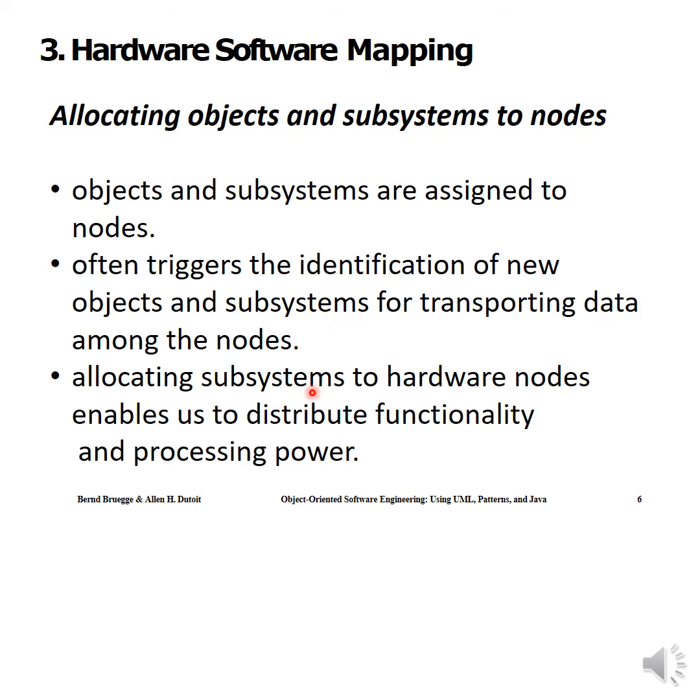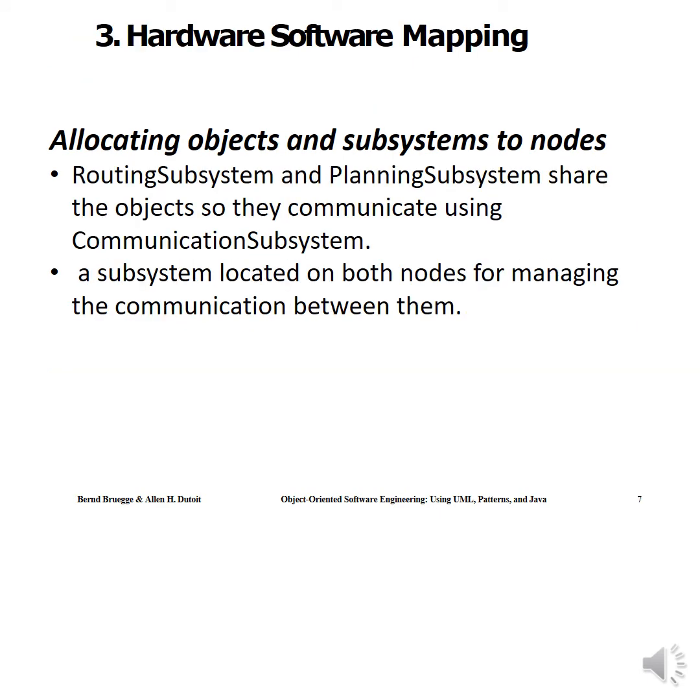Allocating subsystems to hardware nodes enables us to distribute the functionality and processing power across the nodes. In the case study that we are discussing, MyTrip, there are two subsystems, the routing subsystem and the planning subsystem. They share common objects, so they need to communicate with each other.